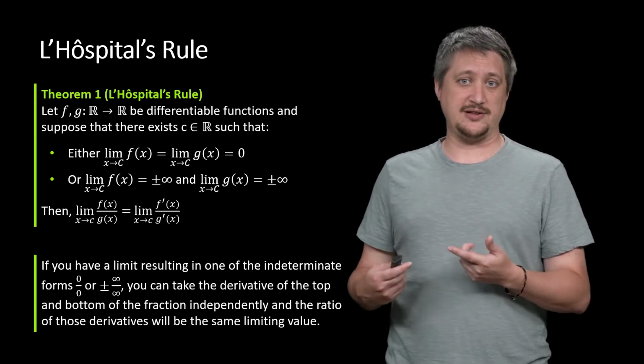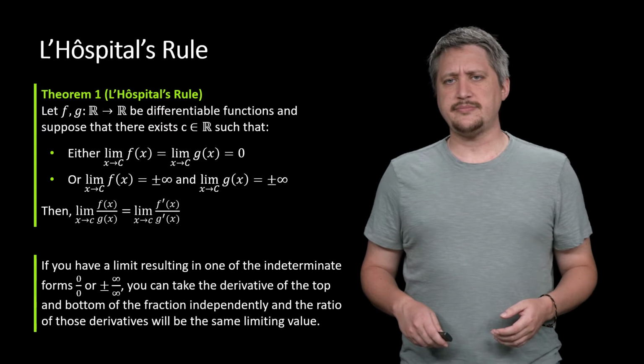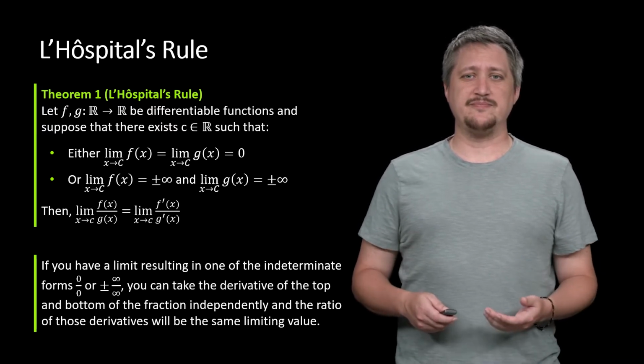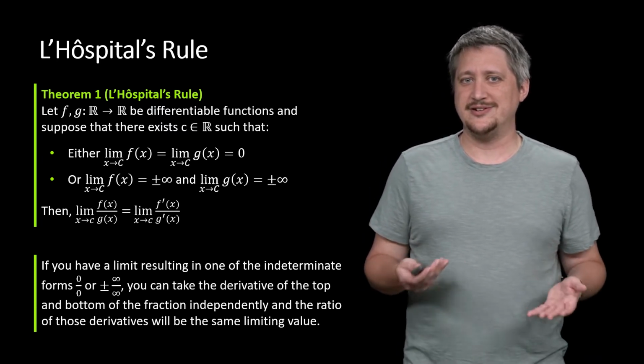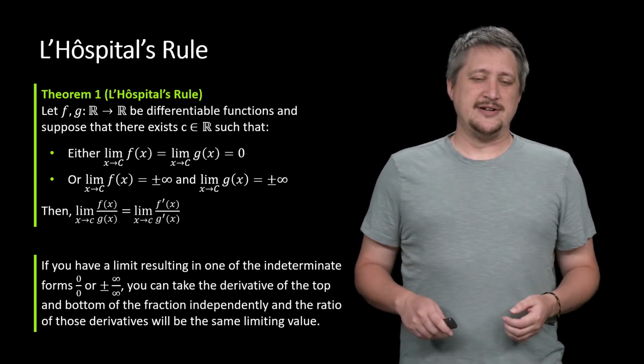So it's another way of calculating the limit instead of trying to do some algebraic tricks. This result should be surprising. I mean, why would it be that the limit of the ratio is the same as the ratio of the derivatives?